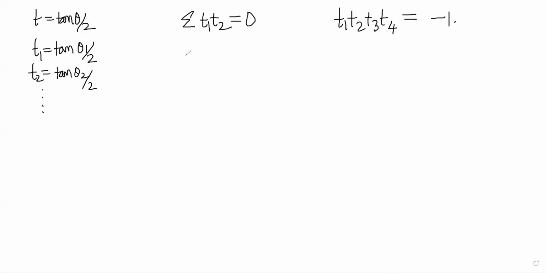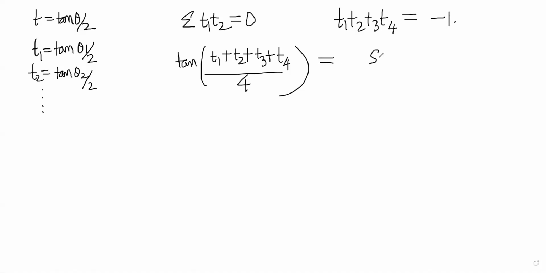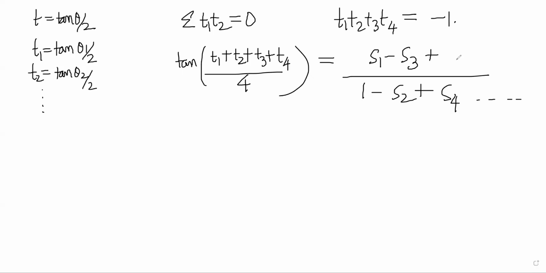Now, if you have to do the expansion of tan of (theta 1 plus theta 2 plus theta 3 plus theta 4) by 2, in trigonometry, you will learn that whenever you have tan (A plus B plus C plus D), more than 3 terms, usually it is done like this. It is (S1 minus S3) by (1 minus S2 plus S4) and so on. This is the sequence. You can read this theory in SL Loney. Go through SL Loney. There is an expansion for tan (A plus B plus C plus D) and all.